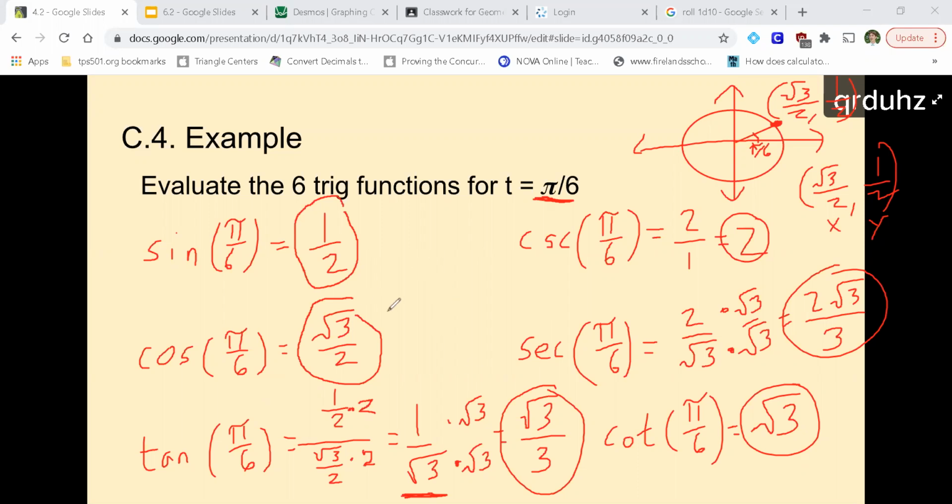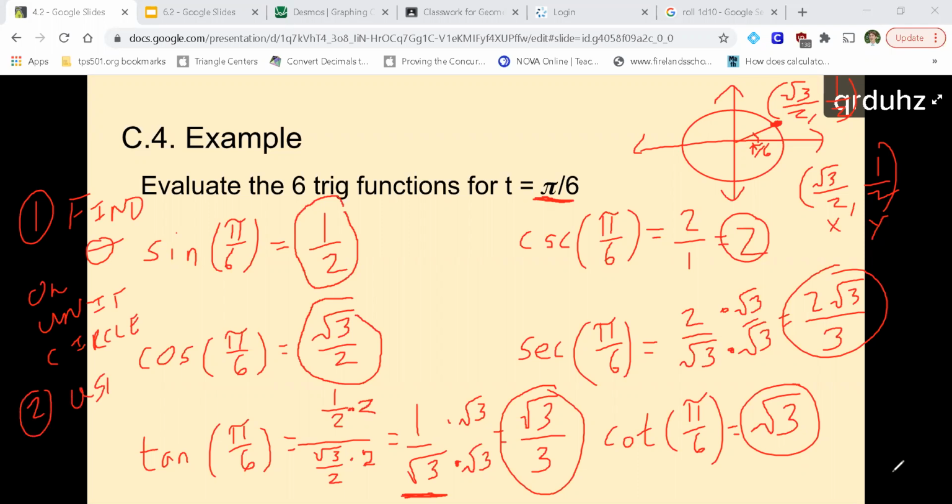All right. Any questions about what just happened? Again, the steps we did were: find the angle on your unit circle sheet, and then use our formulas, plus simplifying some stuff.